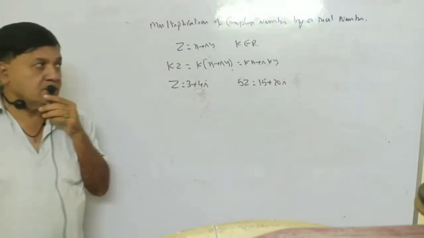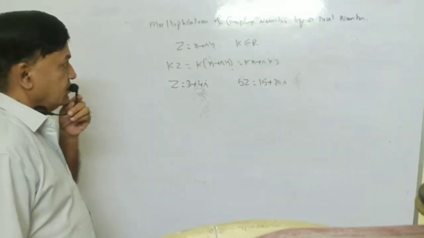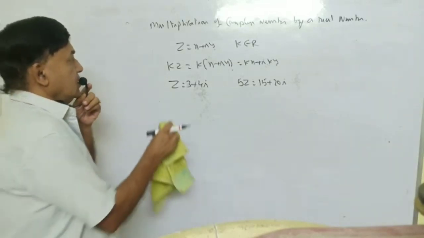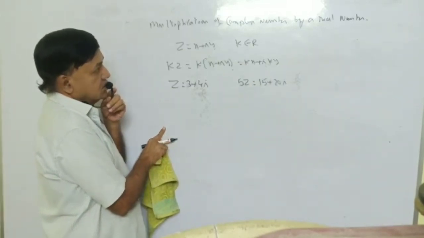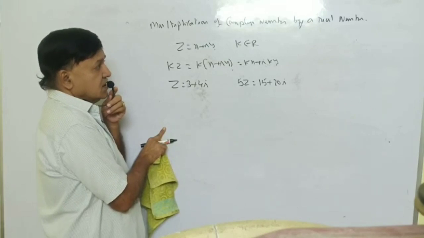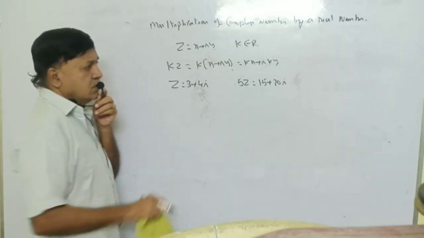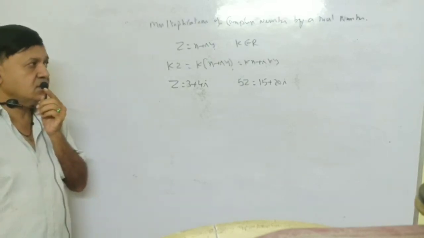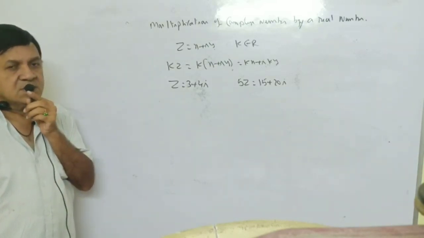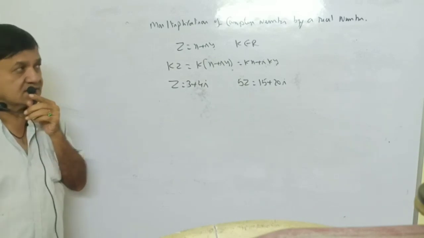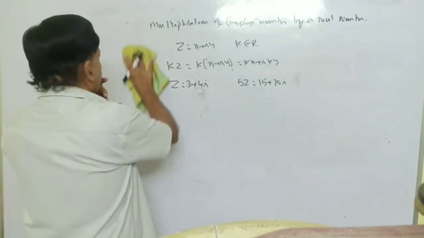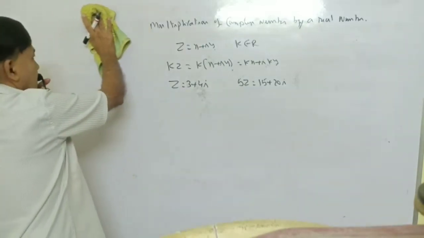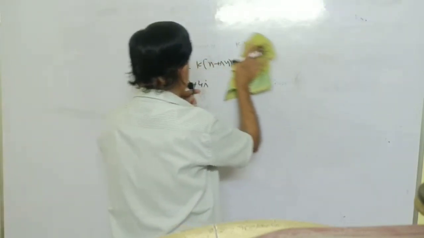So in order to multiply a complex number by a real number, think like this: Z is equal to x plus iy, where k is a real number. kz will be k into (x plus iy), which is equal to kx plus iky. So this is multiplication of a complex number by a real number.